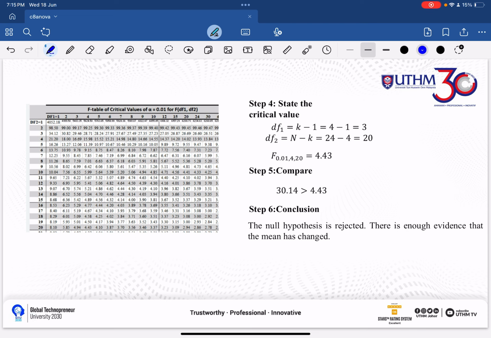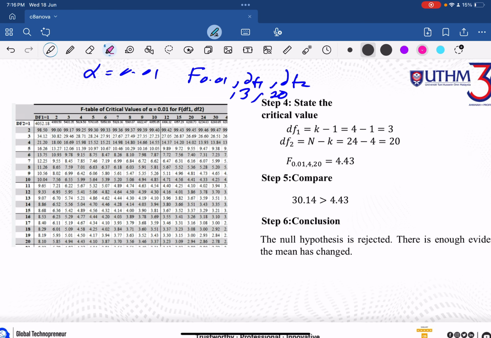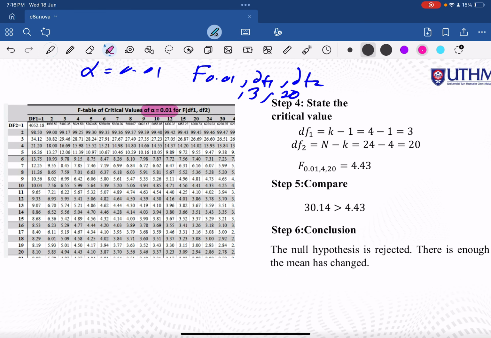After that, need to find the critical value using the F table. So since our alpha is 0.01, our F is 0.01, degree of freedom 1, degree of freedom 2. So degree of freedom 1 is our k minus 1, so 3. And then degree of freedom 2 is n minus k, which is 24 minus 4 is 20. So this is from F table with alpha equal to 0.01.